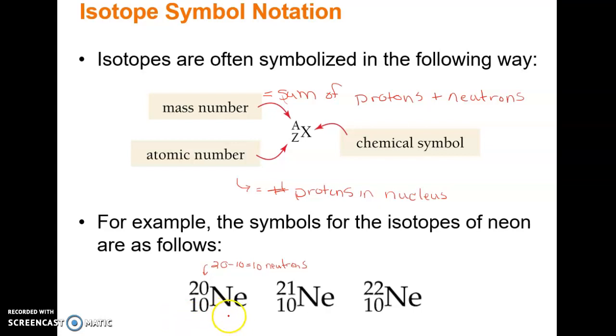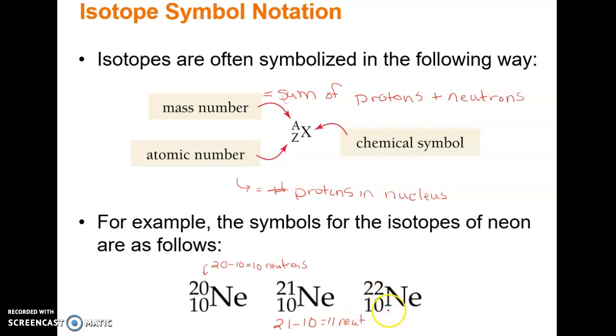You can tell how many neutrons they have because of the difference in the numbers. So neon always has 10 protons, but to be able to tell how many neutrons, you take the mass number minus the atomic number. So 20 minus 10 is 10 neutrons. This one here would be 21 minus 10, which equals 11 neutrons.